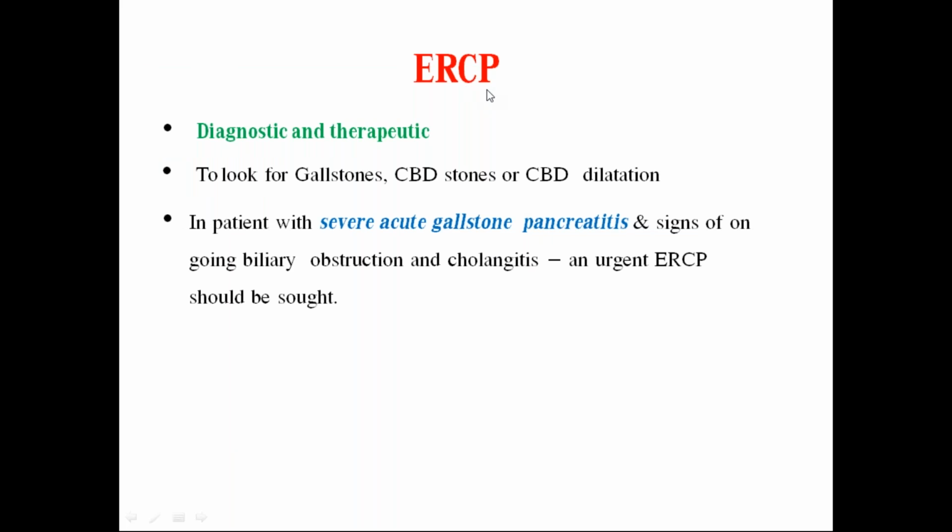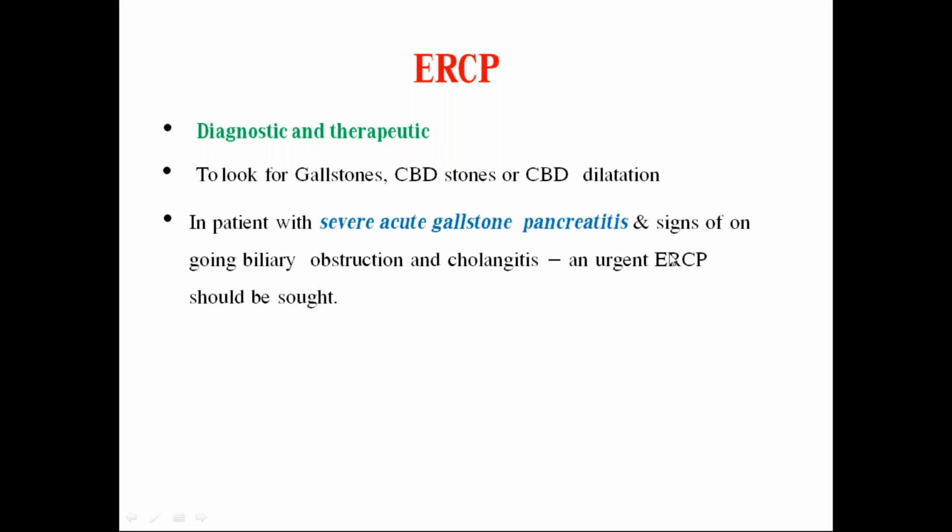ERCP can be diagnostic and therapeutic, but it is a double-edged sword. Post ERCP, 2 to 3% of patients get acute pancreatitis. One use is to look for gallstones and CBD stones, and if there is any obstructive pathology, it can be therapeutic, like performing a sphincterotomy and promoting drainage of the biliary tree.